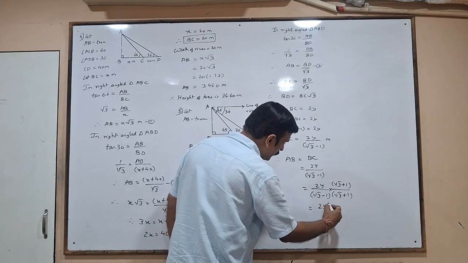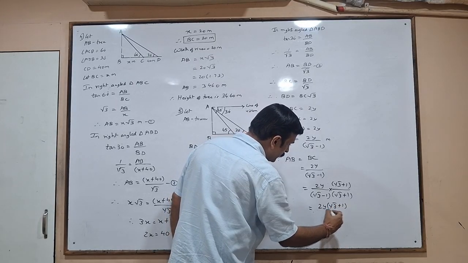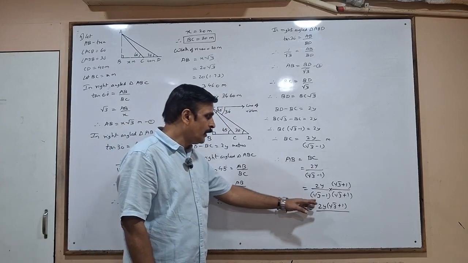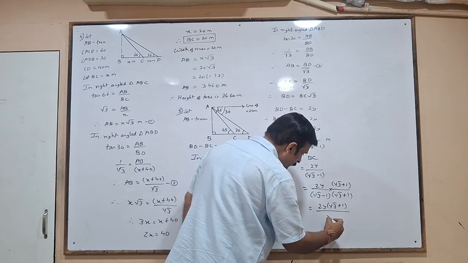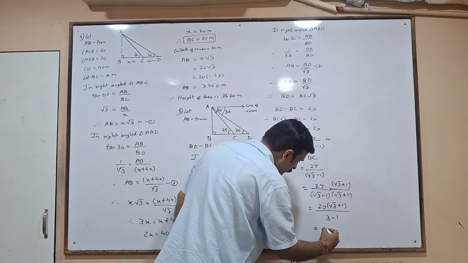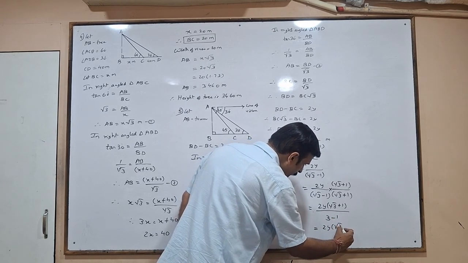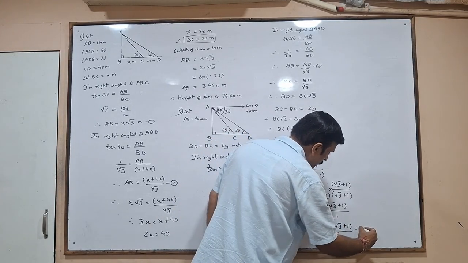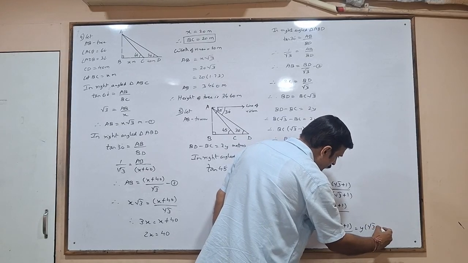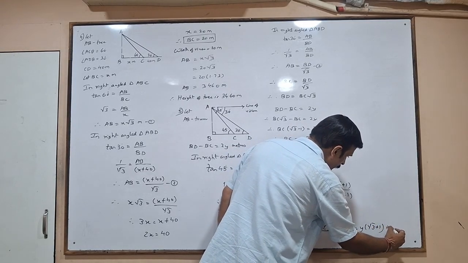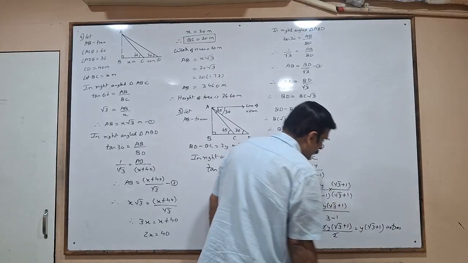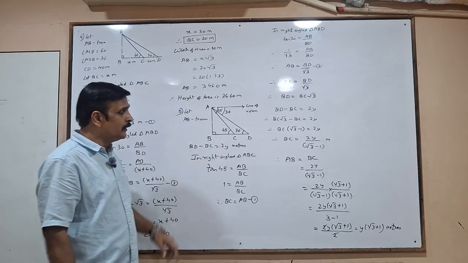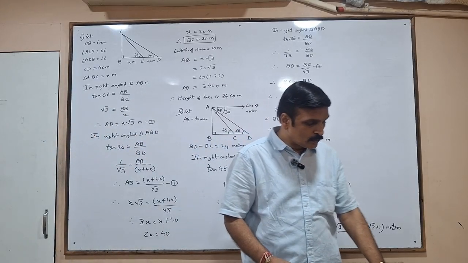So it is 2y into root 3 plus 1 upon a minus b into a plus b, which is 3 minus 1. 2 gets cancelled. So it is y into root 3 plus 1, AB, the height of the tower.